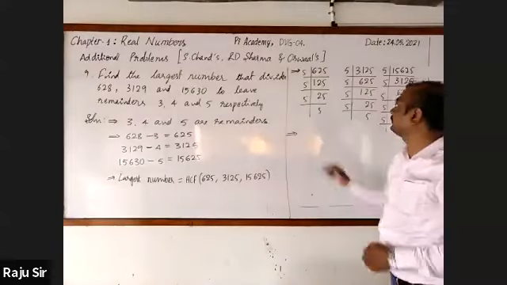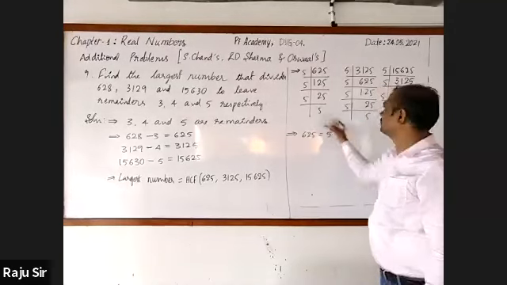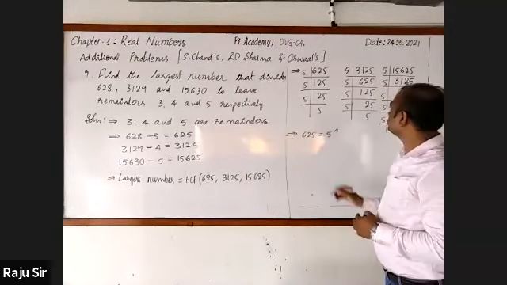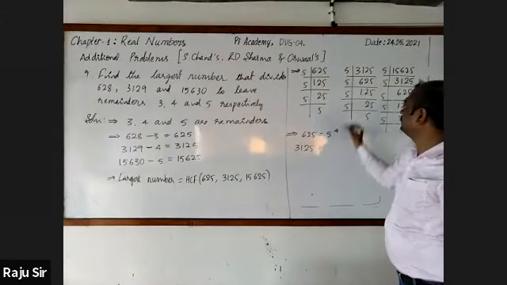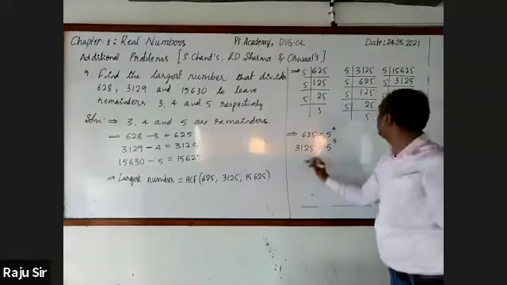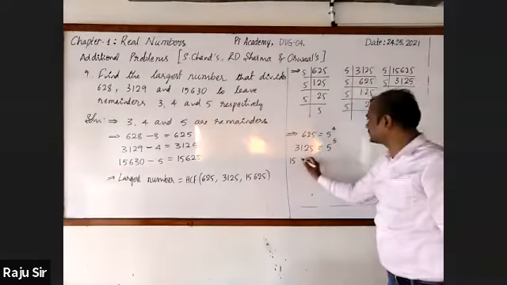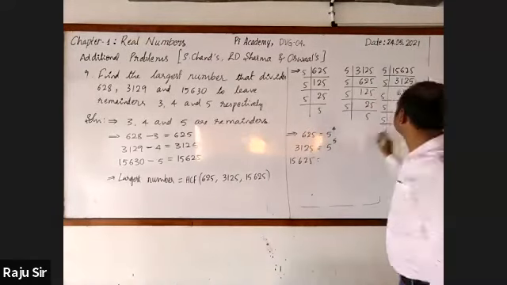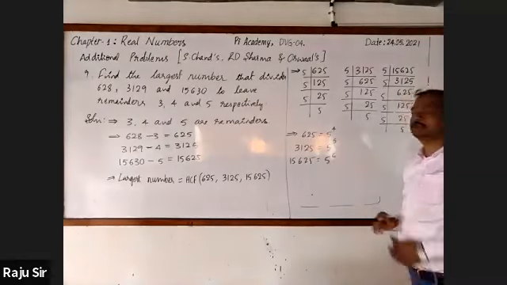Right. The prime factorization of each number: 625 is 5 raised to the power 4. 3,125 is 5 raised to the power 5. 15,625 is 5 raised to the power 6.